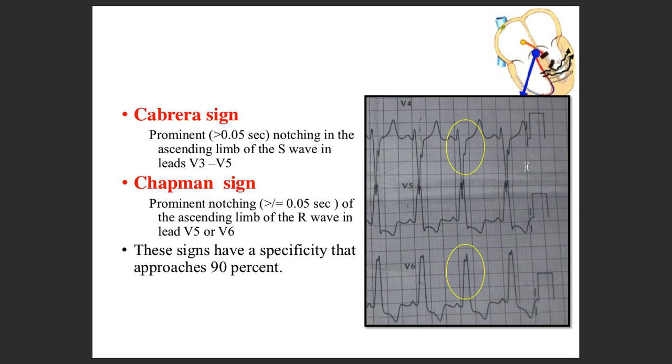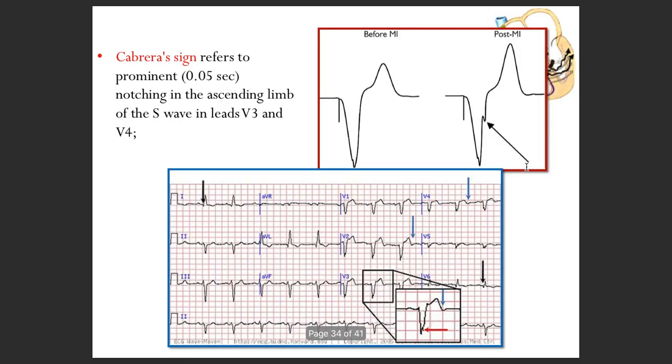If these signs are there, you can have a specificity. Yes, if someone is having acute changes like this, 90% of the time it will be truly positive. So let me show you a practical example of what is happening. If you look across this ECG, this is again a left bundle branch block ECG, and you look before MI and after MI.